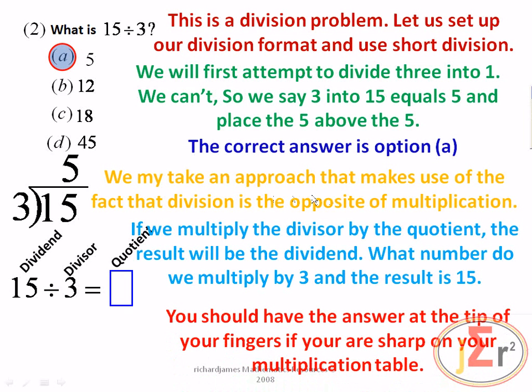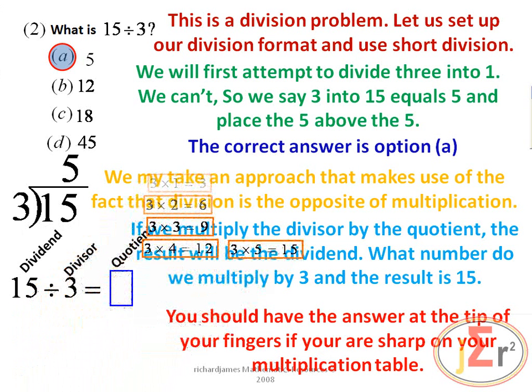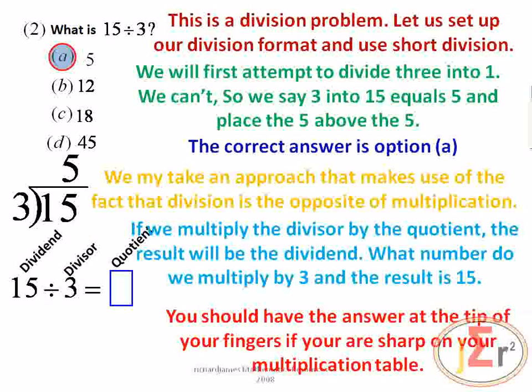If we are sharp on our multiplication table, then we can answer the question, what number do we multiply by 3 and the result is 15? 5. Right, so Jerry is very quick to say 5. And what I am doing with these animations is making sure that I do not give you a very long time to take a look at what is going on, because you should be sharp on your multiplication table.